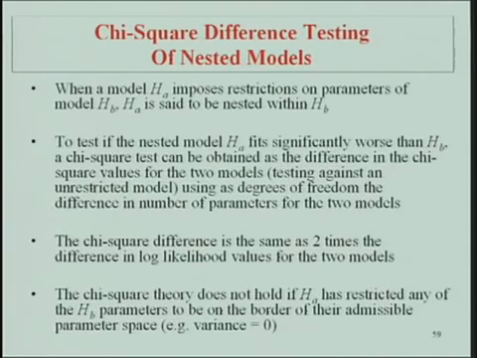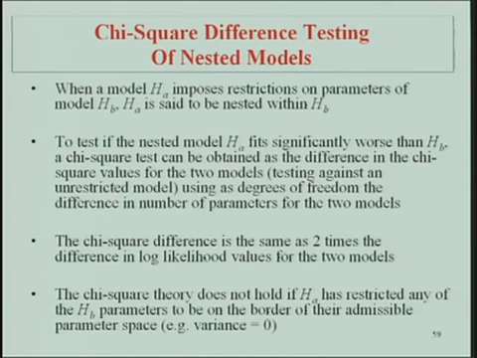And here's a slide that's important. When a model HA imposes restrictions on parameters of a model HB, HA is said to be nested within HB. And we're going to look for nested models as a way to find a well-fitting model. One example is that HA is your H0 model, and HB is your H1 model.